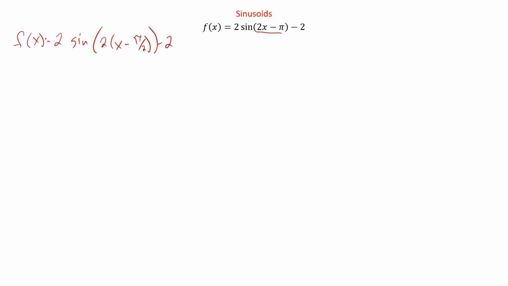So we're going to have a phase shift of pi over 2 to the right, because remember that horizontal translation goes over. We have an amplitude of 2. We have the d value, we're starting out at -2. The period is going to be 2 pi divided by 2, which is pi.